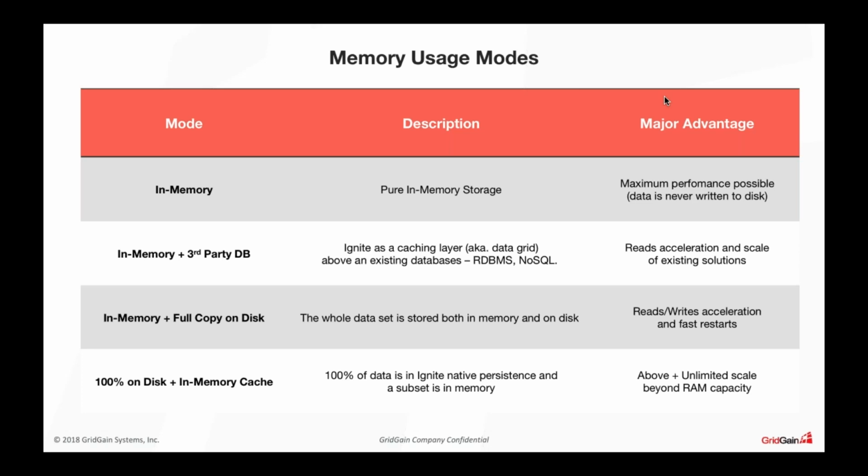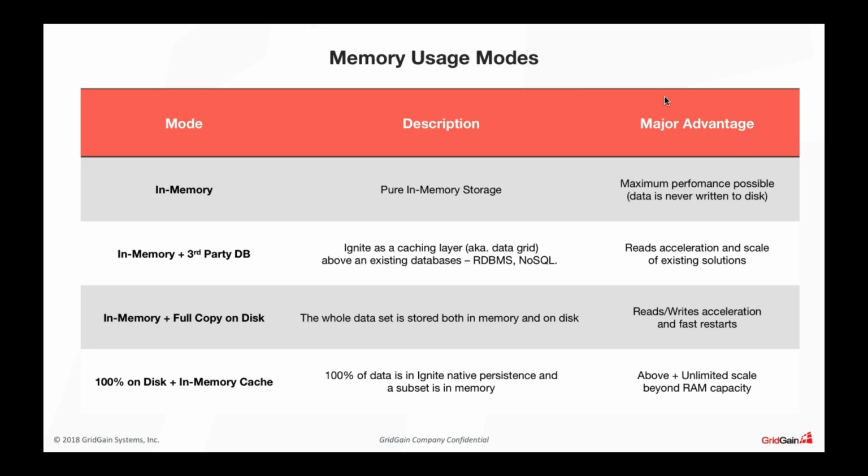The next two Ignite usage modes are totally interesting for HTAP workloads, for HTAP scenarios. The first mode is called in-memory plus full copy on disk. In this scenario, the whole copy of data is stored both on disk and in RAM, across hundreds or thousands of machines in your cluster.